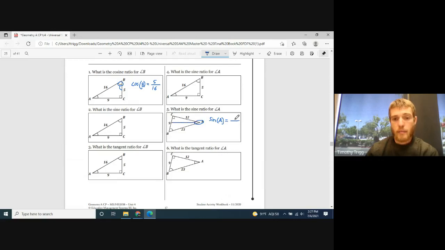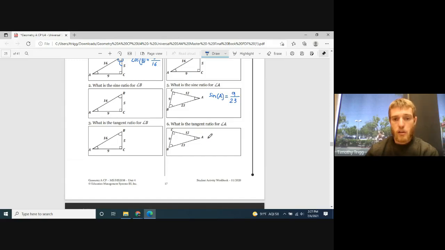Well, that's 9 over the hypotenuse. Now, it might be tricky to see which one's the hypotenuse, but the hypotenuse is always opposite from the 90. And also the hypotenuse is always the longest side. Okay, so this would be sine of A is 9 over 23.